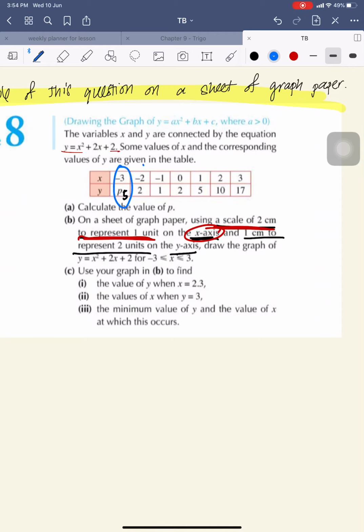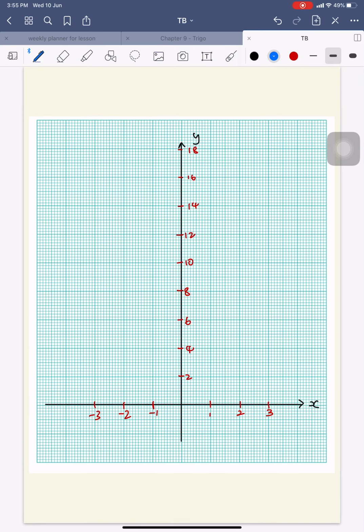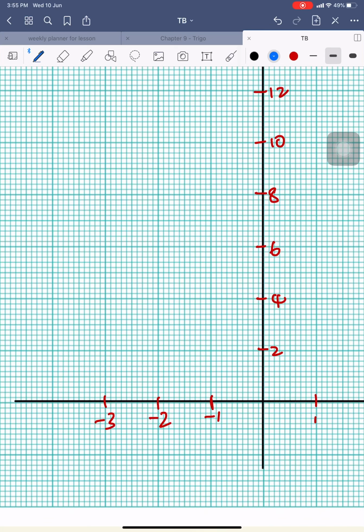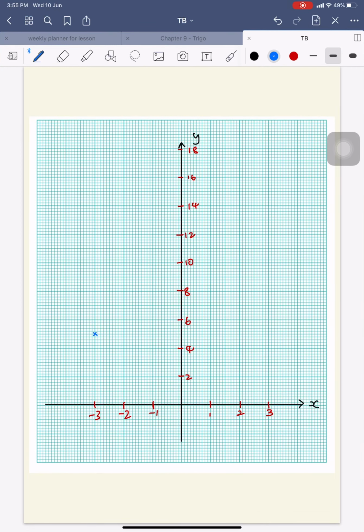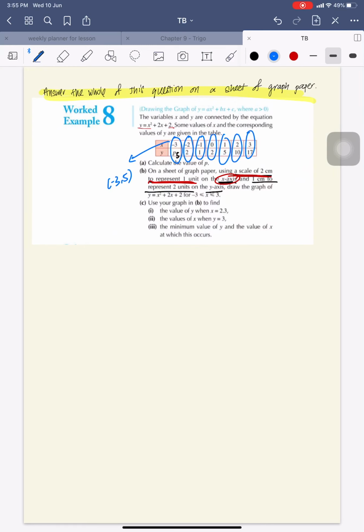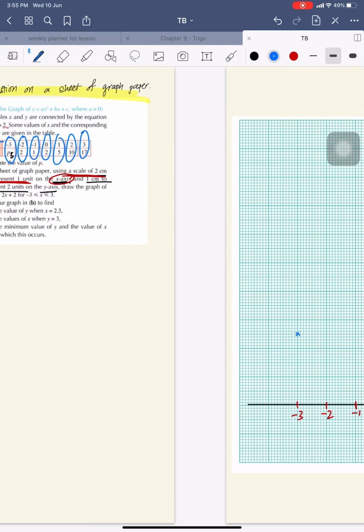Each pair of x and y is a point. So I have 7 points here. First point here is -3, 5. So let's plot it. -3, 5, so it will be somewhere here. We mark it with a cross. Every point we will mark with a cross. -2, 2 is next.